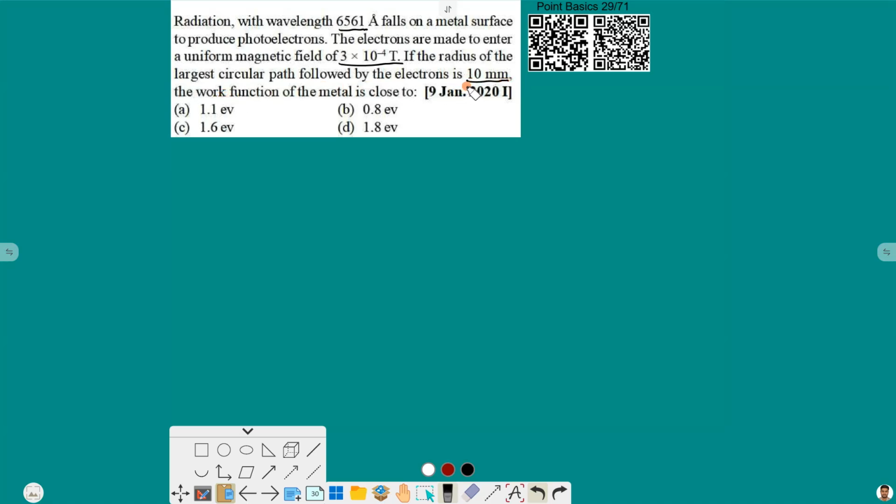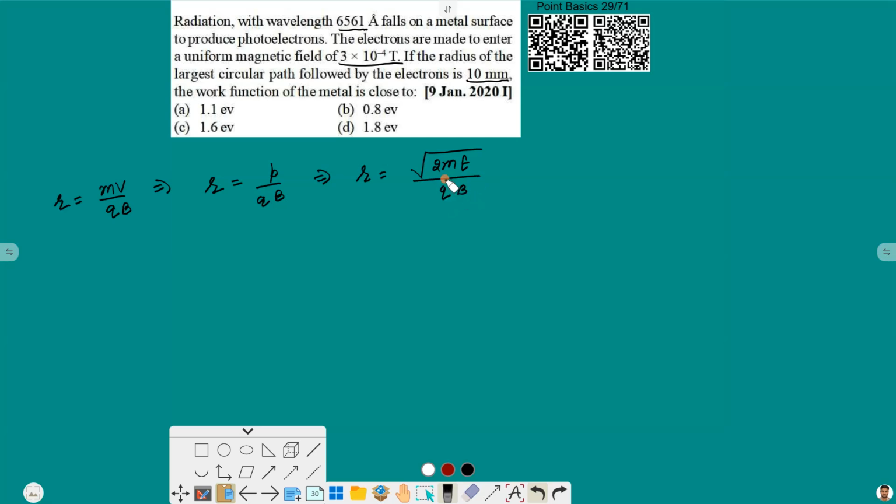Now we know the radius here, and for an electron or charged particle moving in a circular path, radius is given by mv by qB, and this mv is basically momentum. So r is equal to p by qB, and momentum can be written as under root 2mE, divided by qB.